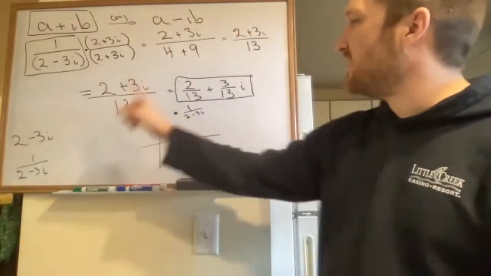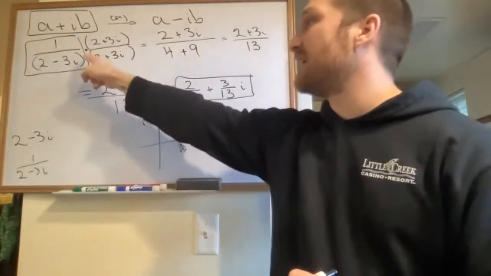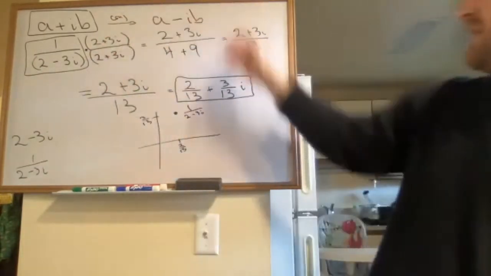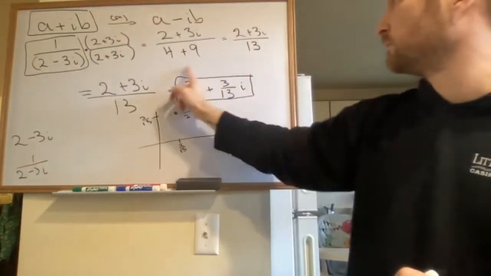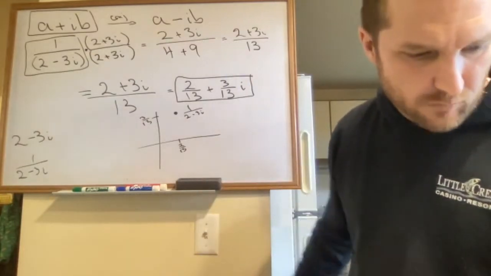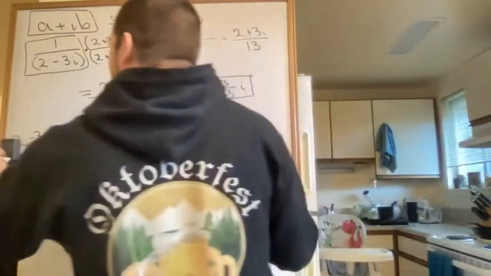I need to rewrite this in this form. I know this nifty trick that turns the denominator into a real number. And so you do this trick and you end up right there. Okay? This is where it's a little tricky.